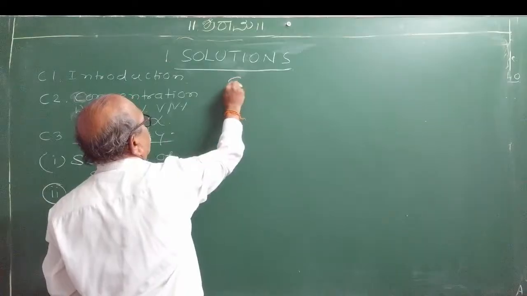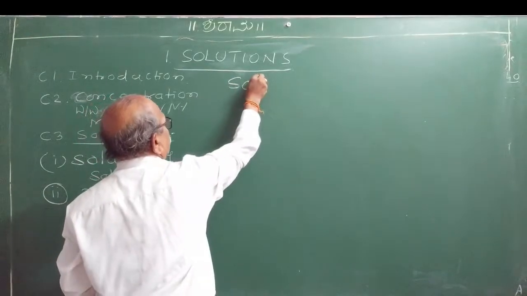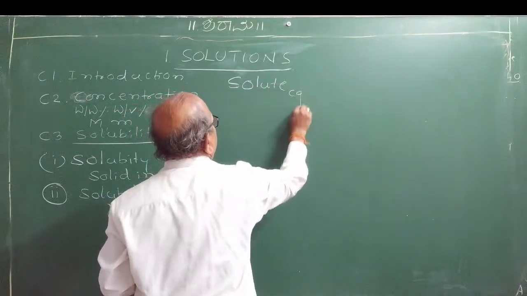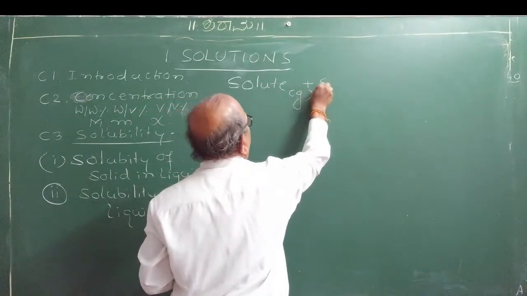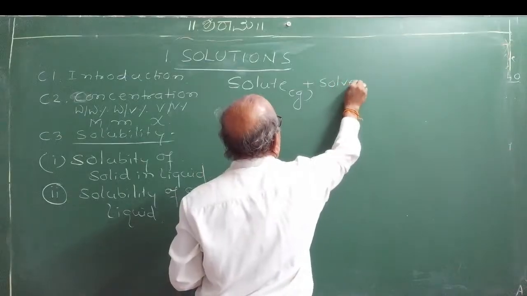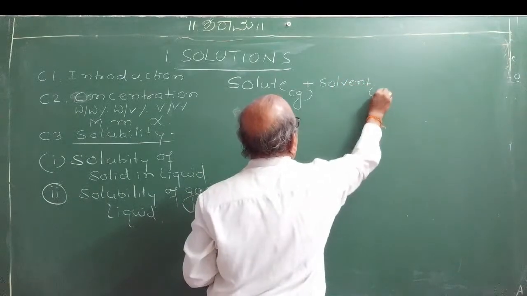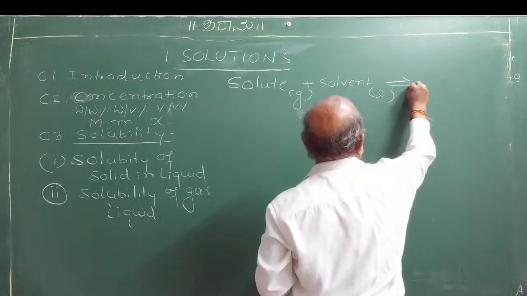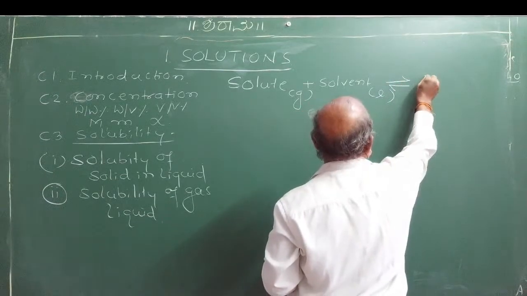That is, suppose the solute is in a gaseous state and the solvent is in a liquid state, say water. Then obviously there is a dynamic equilibrium, as we discussed.